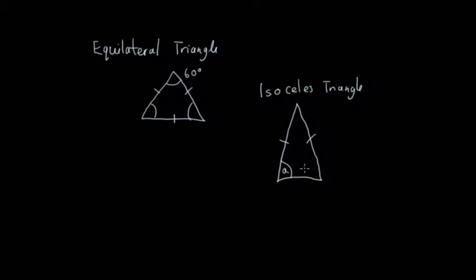And in this case, these angles are going to be the same, and this is going to be different. And so we then have a case where 2a, so a add a, or a times 2, plus b is going to equal 180 degrees, because in a triangle all the angles add up to 180 degrees.